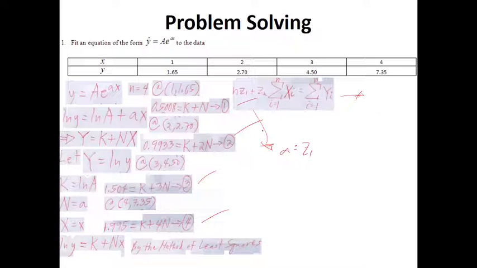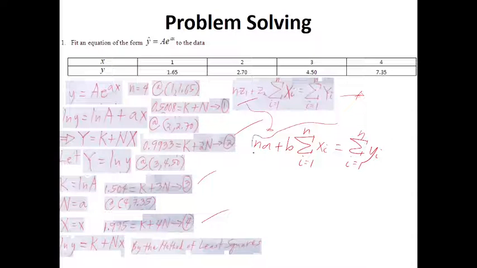I hope you can recall na plus b summation x sub i from i equals 1 to n equals summation y sub i from i equals 1 to n. This was the derived normal equation in my previous discussion.